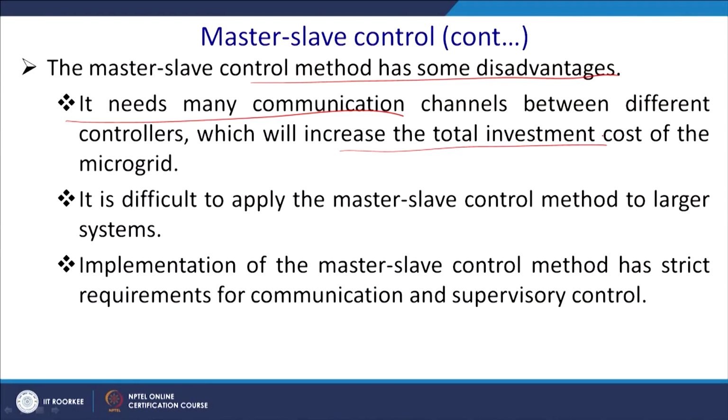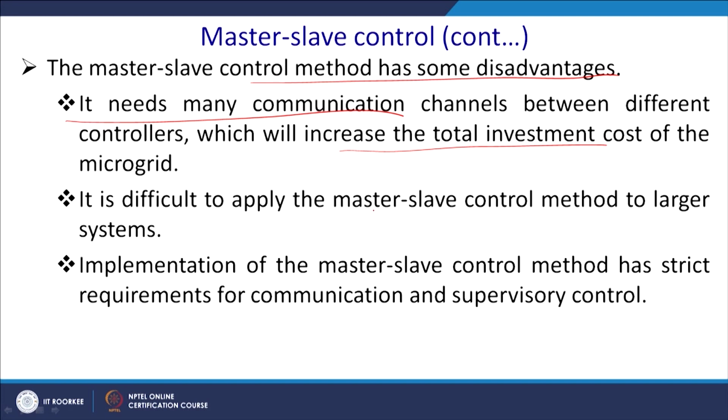So, it needs many communication channels, and they need to be fast channels between the different controllers, which will increase the total cost, or CAPEX, of the microgrid. The communication has to be proper and it has to be communicated with all those subsidiaries.